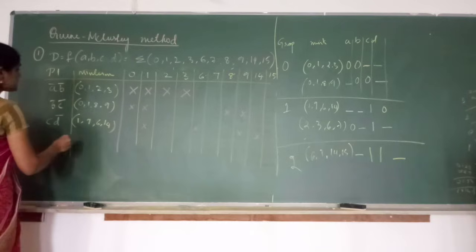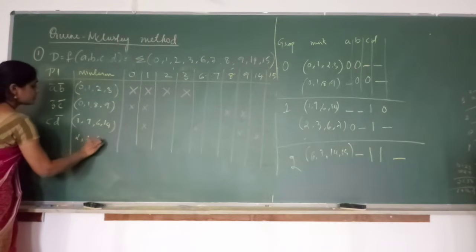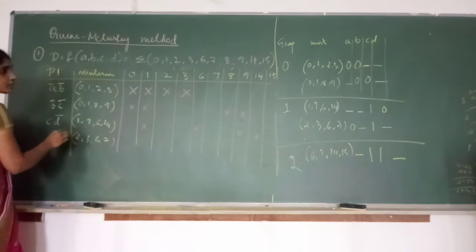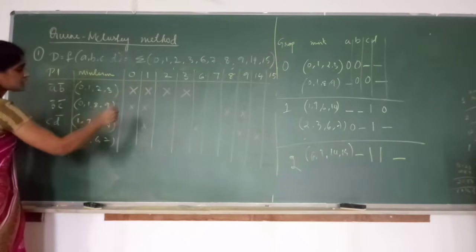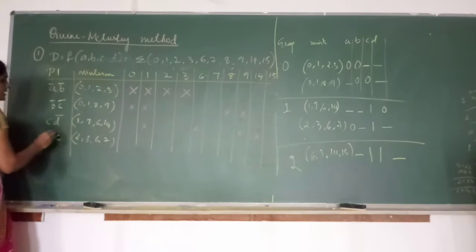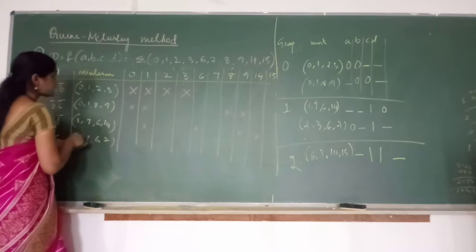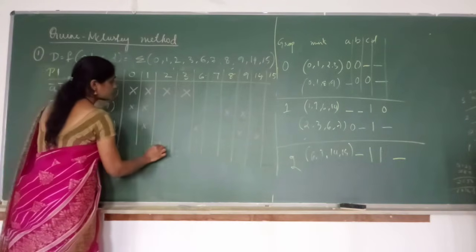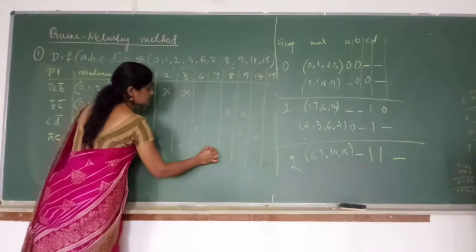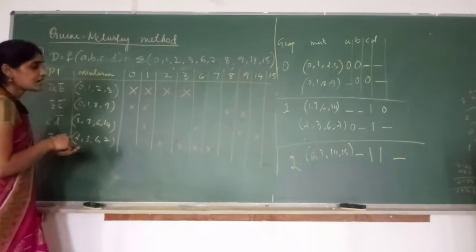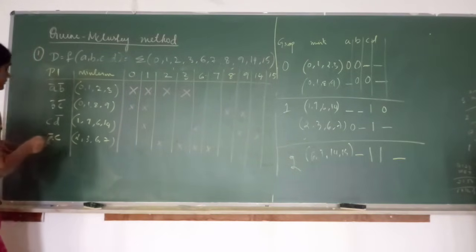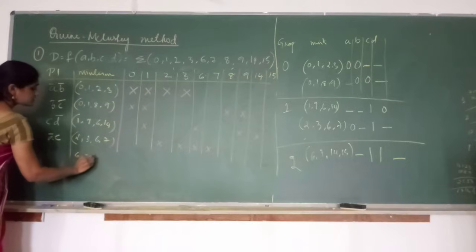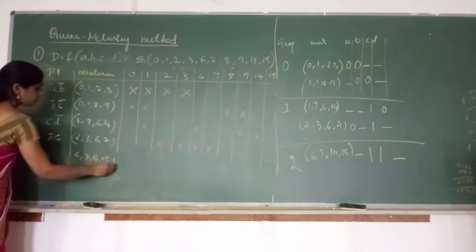Then 2, 3, 6, 7. What is the term we get? A bar, C. Put a cross mark for the min terms 2, 3, 6, 7. Next. The last grouping, 6, 7, 14, 15.